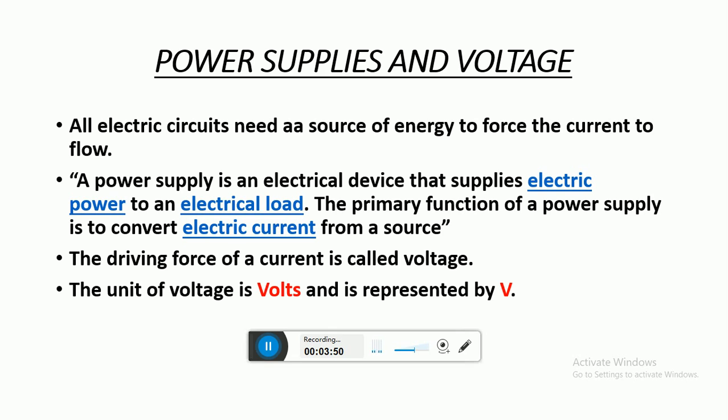That cell converts chemical energy to electrical energy, and that electrical energy will be in the form of electric current. So the cell used in the remote control converts chemical energy into electrical energy, which is supplied to the electric load from the power supply.